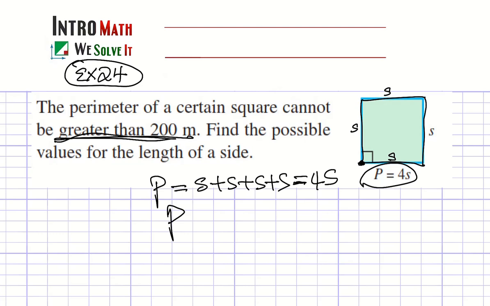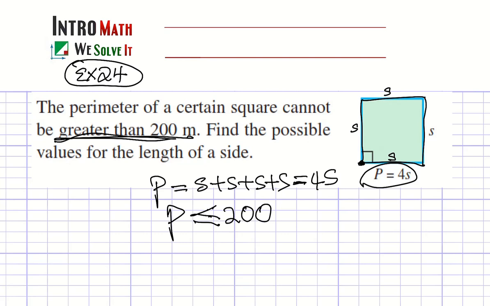Okay, so basically when they say cannot be greater than, that means it can be 200 meters, but it can be less. You see that? So it can be 200, it can be less.